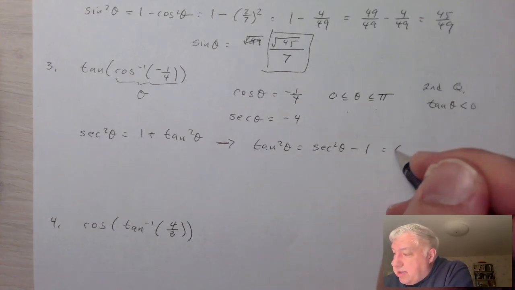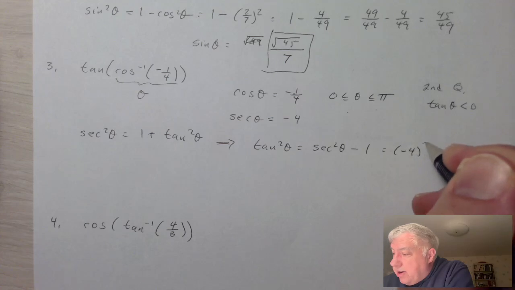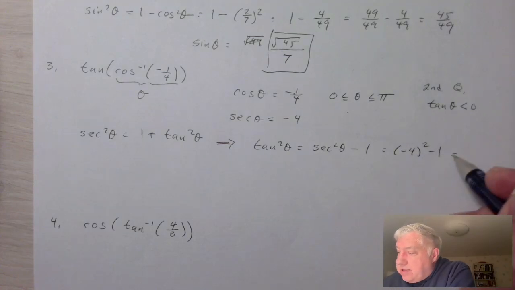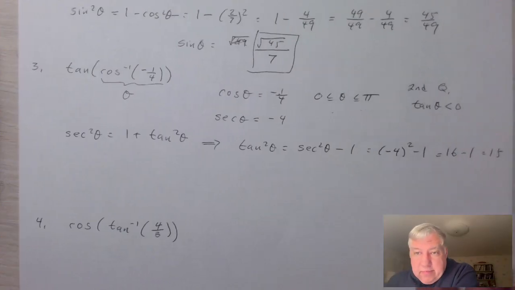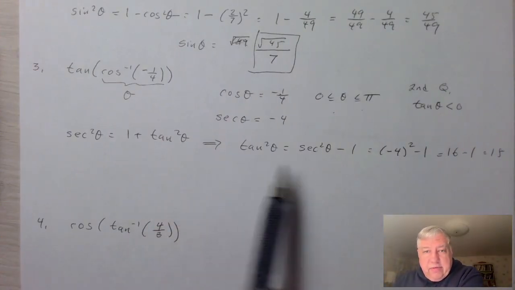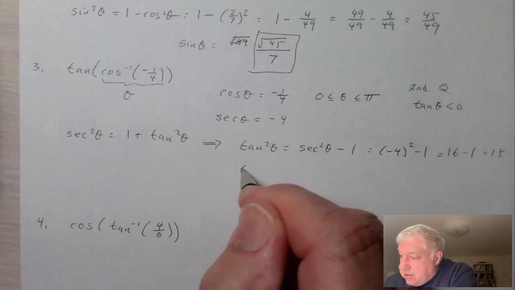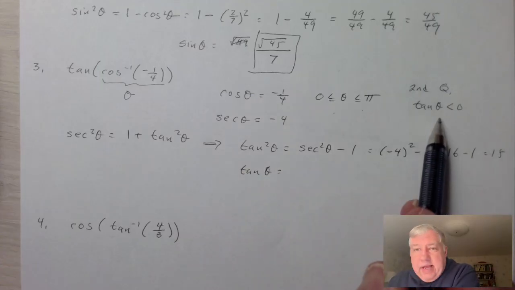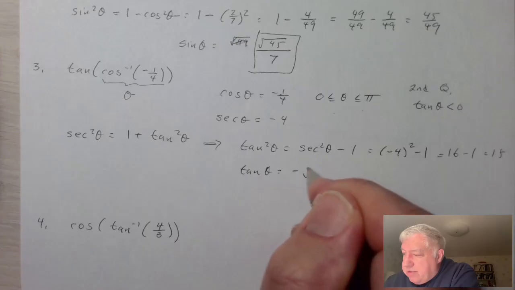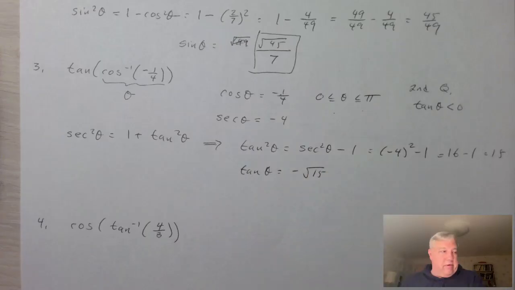So this will be negative 4 squared minus 1, which is 16 minus 1, which is 15. And now we take the square root of both sides. Because the tangent's negative, we have to take the negative square root. So it's negative the square root of 15.